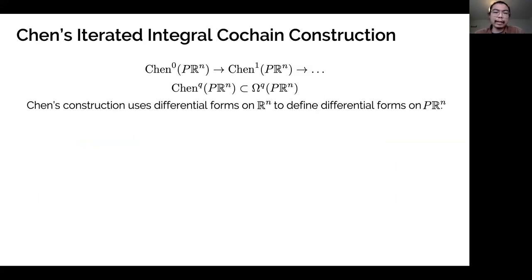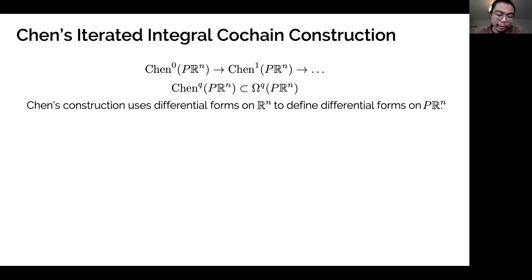Just as an overview of this, Chen's construction was originally formulated for path spaces and loop spaces. He constructed a cochain algebra model for path spaces that's a subcomplex of the de Rham complex on the path space.